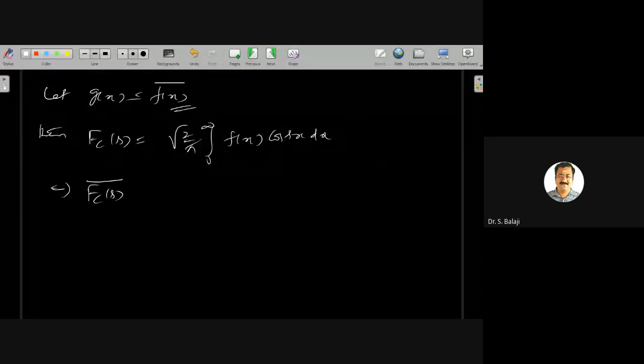We have to identify what fc(s) whole bar is. It is a real function, so there is no use of the bar; the conjugate is as it is. But for f(x), we don't know, therefore you take the conjugate.